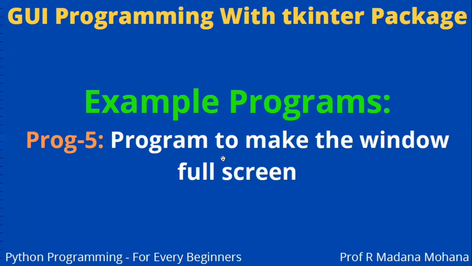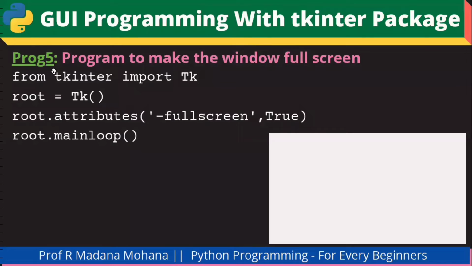Then coming to the next program, to make the window full screen. Just now we have seen that by clicking the maximize button, the screen converted into full screen, but in the program itself you want to display the full screen. So this is the code. From tkinter import Tk class and root equal to Tk, by using the attributes method.